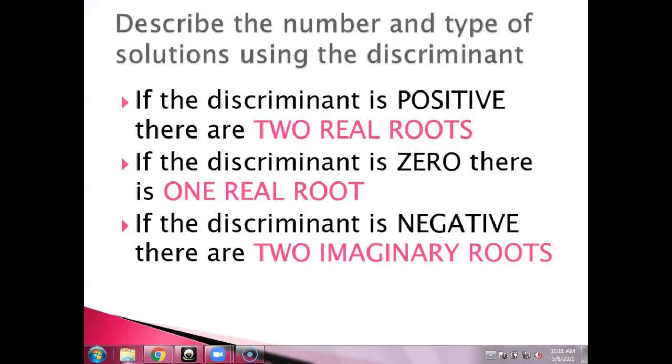Alright, so describe the number and type. You can describe the number and type as one of three choices. If the discriminant is positive, then you have two real roots. If the discriminant is 0, then you have one real root.